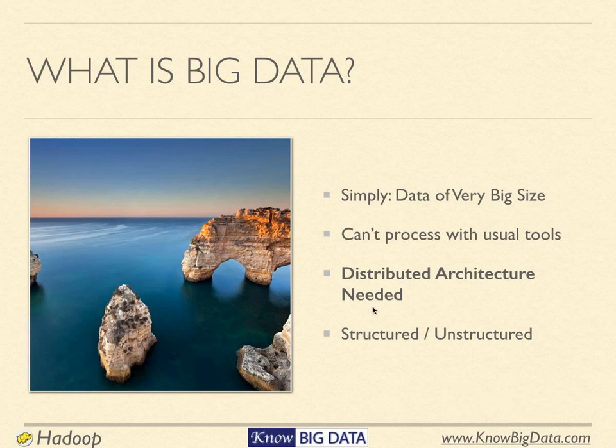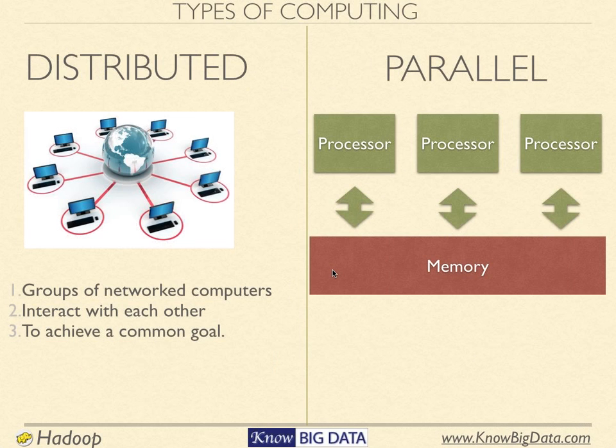In simple words, distributed means a group of networked computers interacting with each other to achieve a common goal. Sometimes you will also see something called parallel computing. Distributed means multiple computers connected to each other to achieve a common goal. In parallel computing, you have multiple processors and a common memory to achieve something.